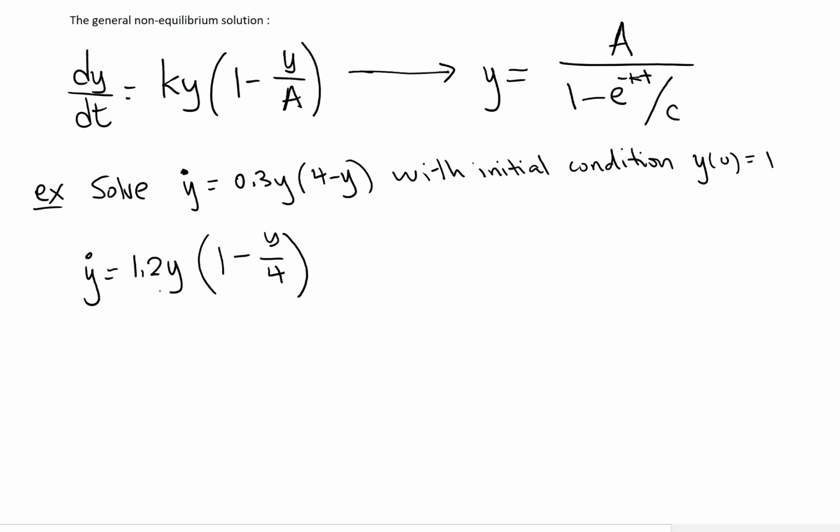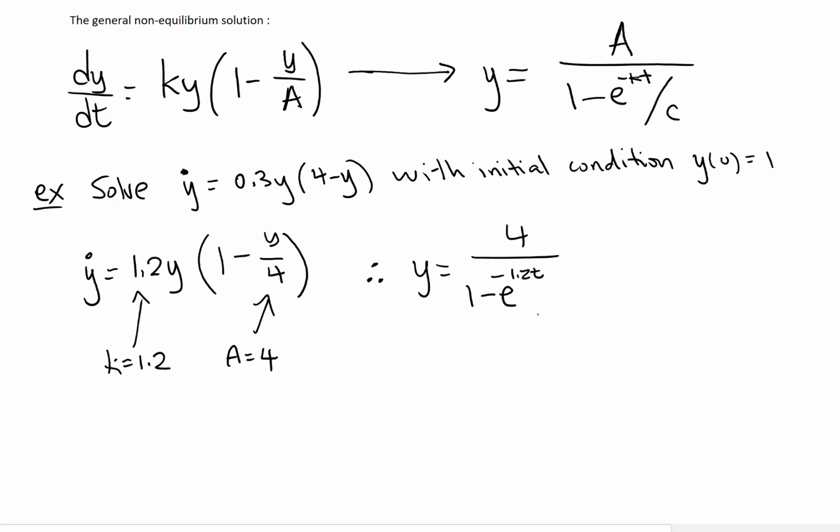So this now tells me what my k value is, which is 1.2, and this part tells me that my a value is 4, which can lead to me getting a solution, and we can now substitute in our initial condition.